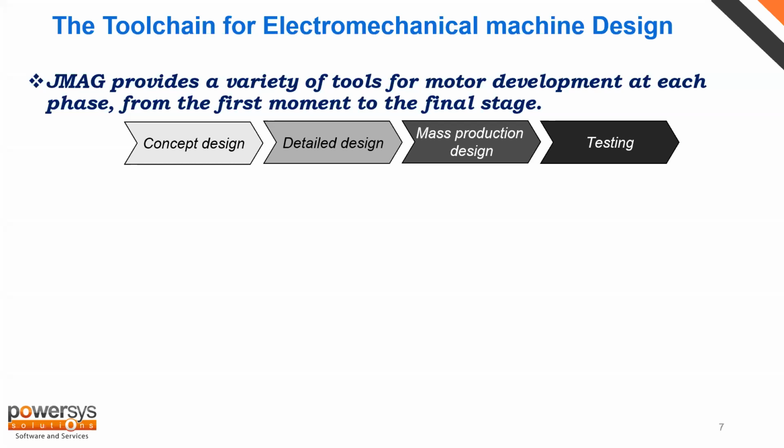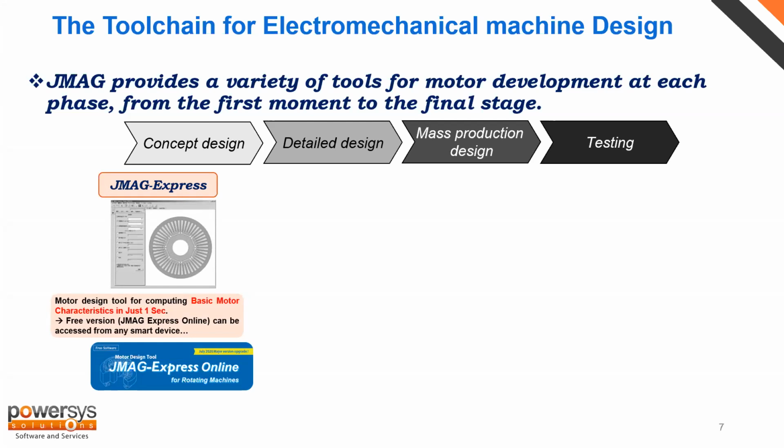For example, for the basic design in the concept design, JMAG provides you JMAG-Express. JMAG-Express is a 2D tool that allows you to get all the basic characteristics of your motors in 1 second. With JMAG-Express, you can create the geometry based on the rated power of your motors, define some basic characteristics of the motor, then get the geometry and get the result.